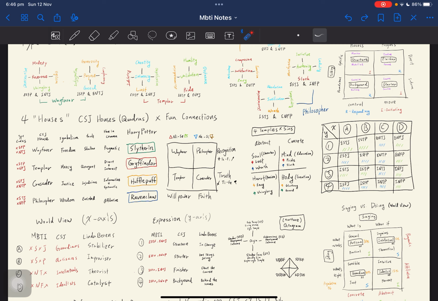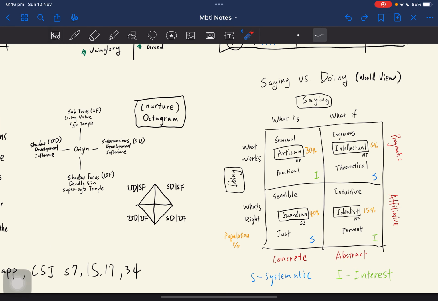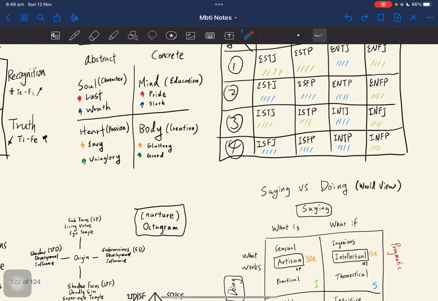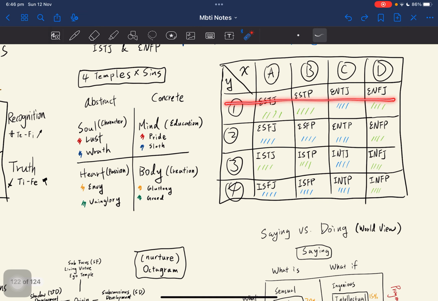So if you know for sure they are this one, then you only have to look at this part, and vice versa. And the next one is the saying versus doing matrix, which is the worldview, and that is the x-axis. If you know the y-axis and you know the x-axis, there can be only one solution, only one choice. There's no mixing up, then there's no mistake, because it is using the divide and conquer approach.